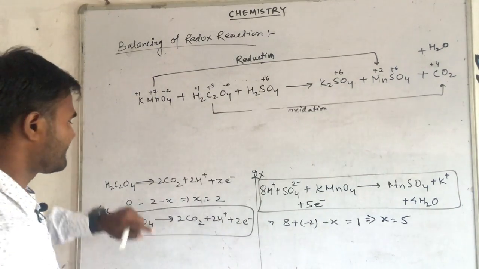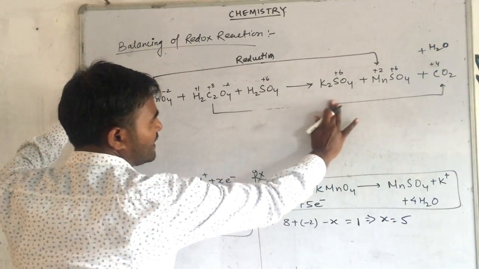Now I am going to multiply and add both the halves.